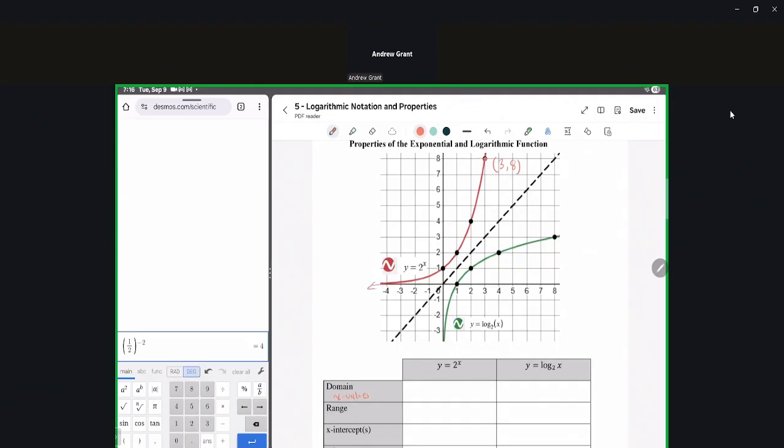So you can do 2 to the power of, say, negative 99, and you get some tiny number, completely fine. As well, you can do 2 to the power of some large number, and that'll also give you an answer. So here, the domain we would say is x is an element of all real numbers.